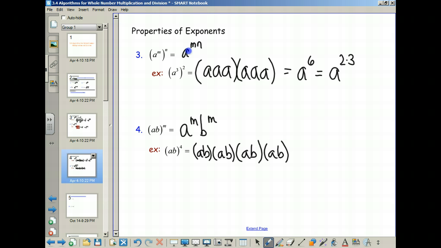Okay, and write it down times itself 4 times. Okie dokie. But I would much rather have the A's all together and then the B's all grouped together. So what property allows me to do this? Not the distributive property. It is the commutative property.